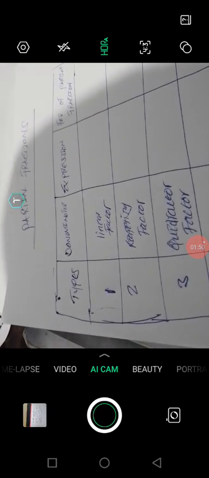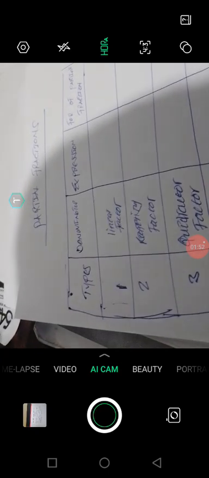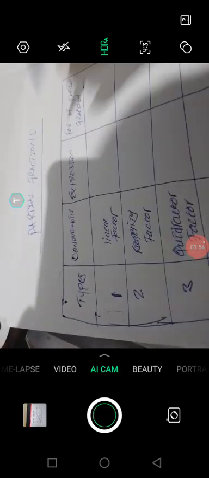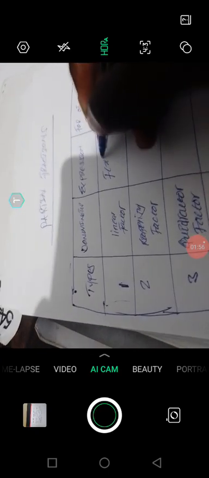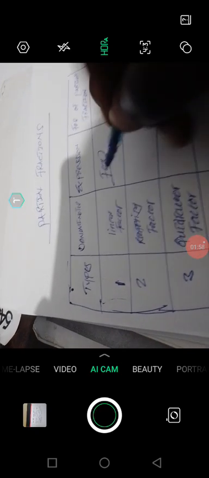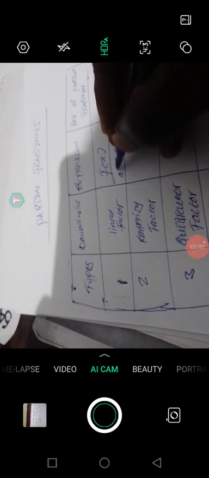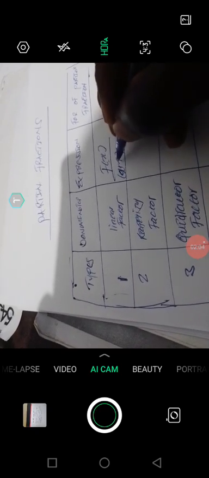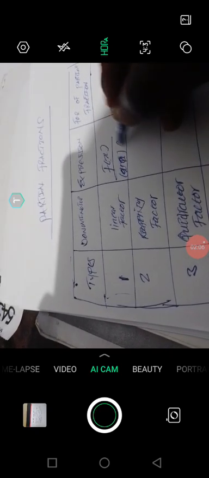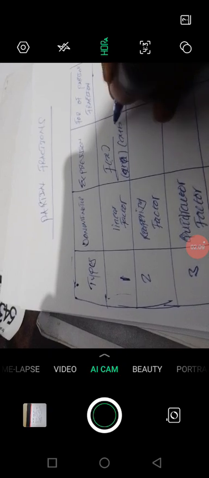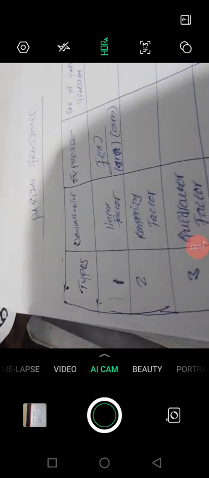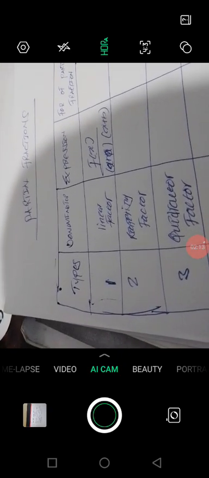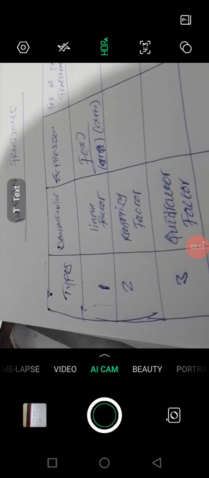What about the expression if we talk about type 1, which is linear in terms of the denominator? I put f of x here as the expression, then divide by x plus a, then x plus b. So this is a linear expression of partial fraction in terms of the denominator.